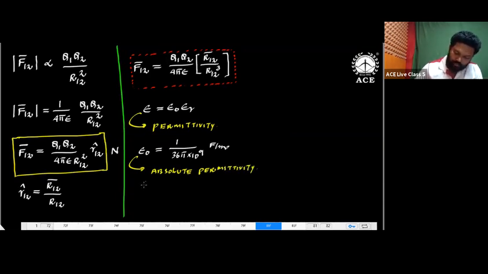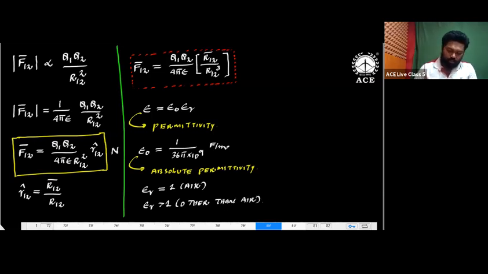And here epsilon r is equal to 1 for air, and it is greater than 1 for media other than air. So epsilon r is called relative permittivity.